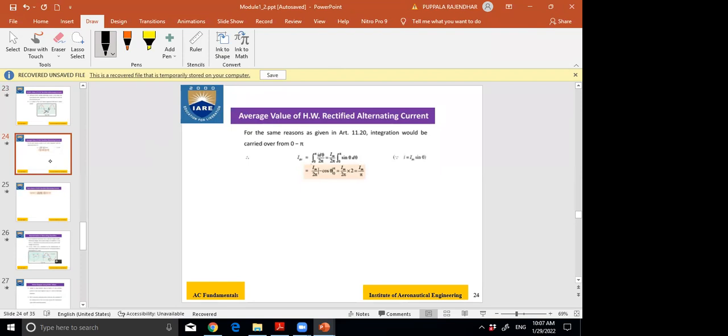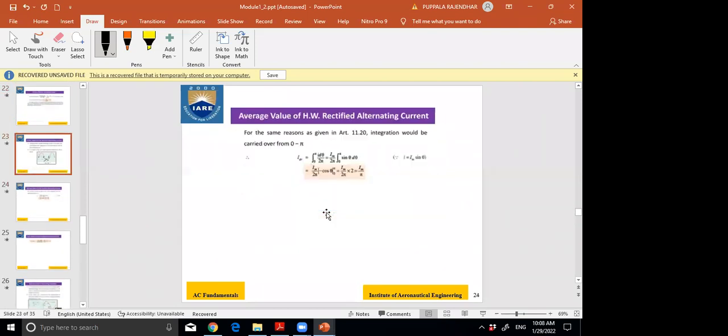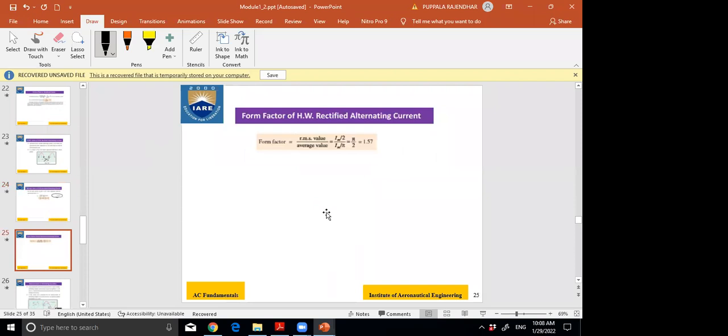So what is the RMS value? Oh, sorry, it is how to calculate the average value. The duration you will take is from 0 to pi here. For the current waveform we are calculating, I is equal to Im sin theta into dt, divided by the total time period.